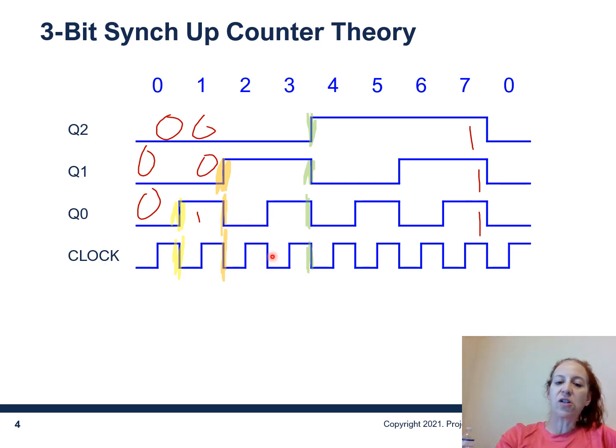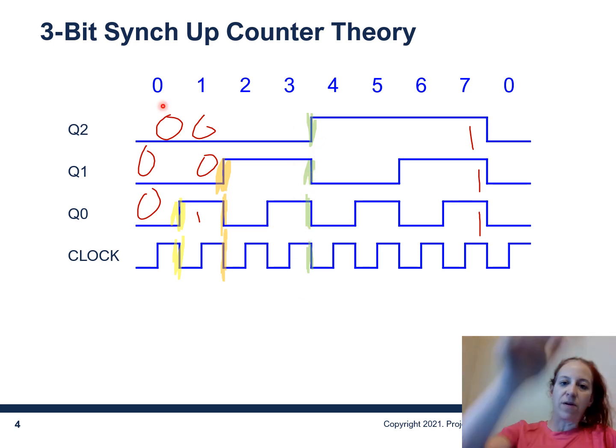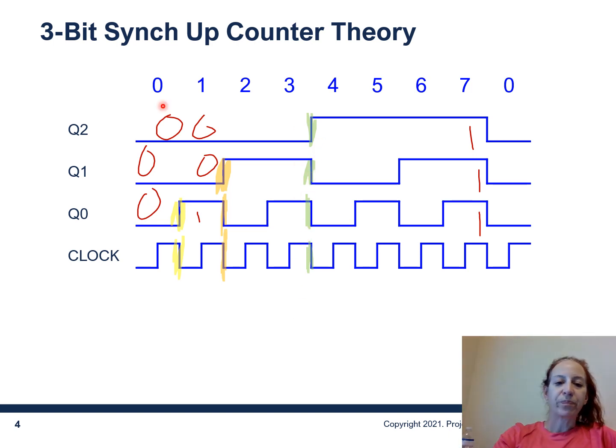If it's just the clock that's coming down, then Q1 is not toggling. That one toggles when both Q0 and the clock fall. And then Q2 toggles only when all 3 of them are coming down. So Q2 does not toggle when only the clock and Q0 are falling.